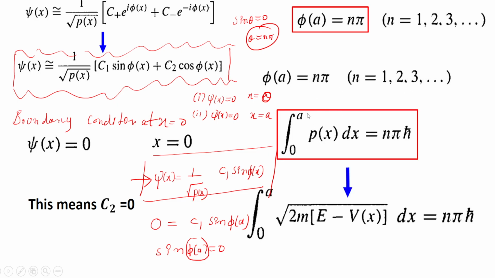The boundary condition is from 0 to a, so that equals n pi.